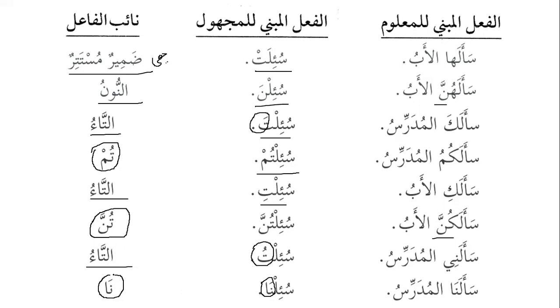Again, in these conjugations, the Sheikh has not discussed the dual, but inshallah, when we do the conjugation, we will also carry on with the dual, so that it becomes easier for us, because we go with the 14 forms of the verb, whereas with this it will be the 10 forms. So the main idea here is that whenever it is the attached pronoun, then when it becomes naibul fa'il, the naibul fa'il will be hidden and it will not be apparent.